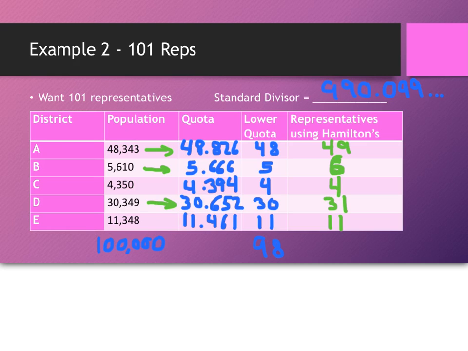So when you take 49 plus 6 plus 4 plus 31 plus 11, you get 101, which is exactly what we wanted to have.